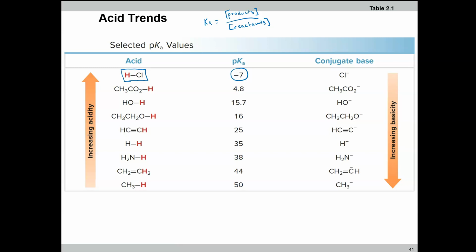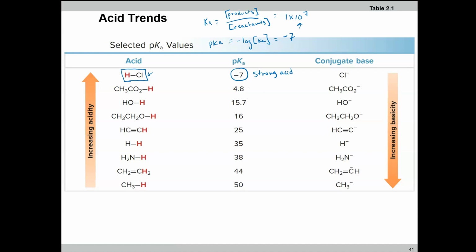And remember, the pKa, if the Ka is, let's say, 1 times 10 to the 7th, the pKa is the negative log of the Ka. And that means that if the pKa is a -7, this is a really big number. 1 times 10 to the 7th is really large. So that means that this falls apart very easily and readily, and it's a very strong acid.